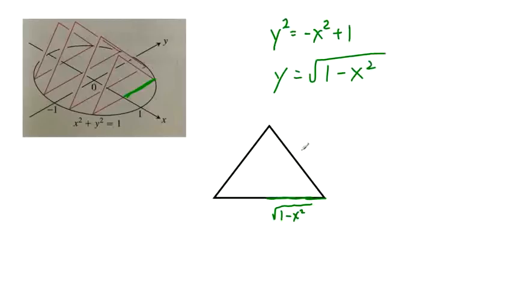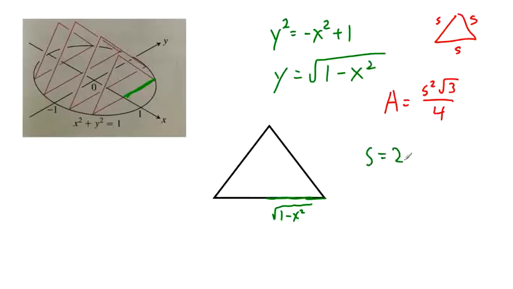So what I need to do is find the area of this triangle. Now the area of an equilateral triangle is s squared, square root of 3, all over 4. Where if you have an equilateral triangle, this is s, and this is s. So in our situation, s is going to be 2 of these.